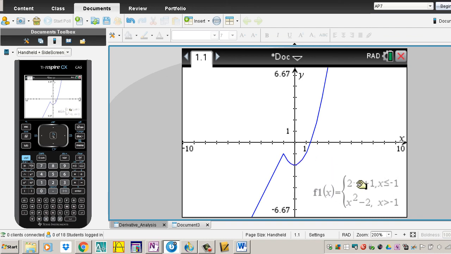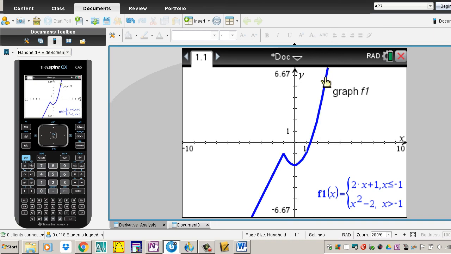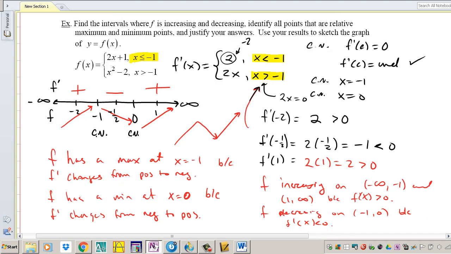So it's true, f is going up to negative 1, and then after negative 1 it's going down to 0. I'm talking about x values here, and then after x equals 0 the graph goes up, increasing again. So this graph definitely matched the evidence that we derived ourselves.